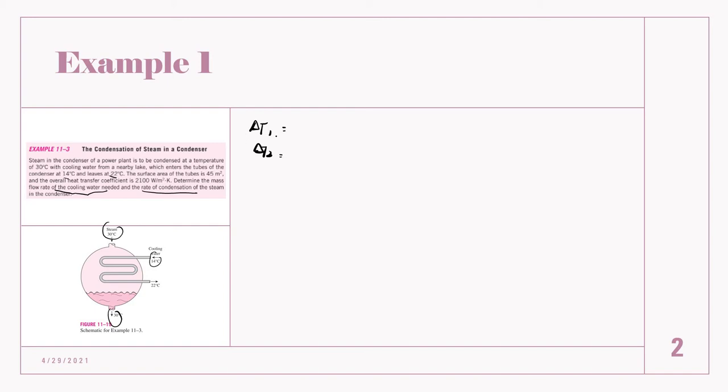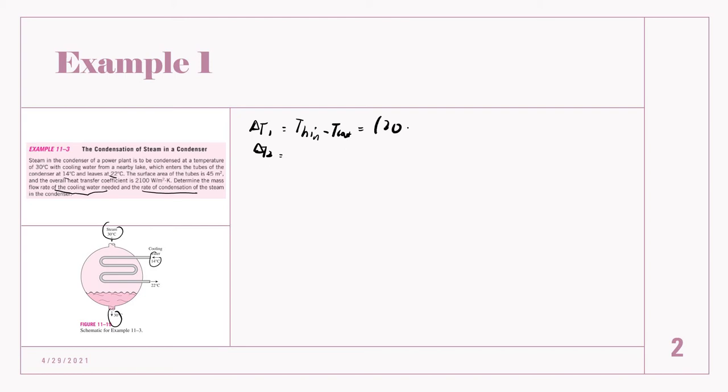For delta T1, we can use the formula from our previous video: TH in minus TC out.